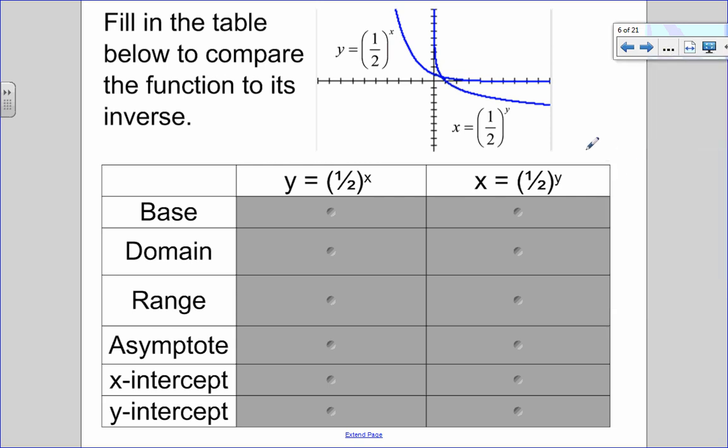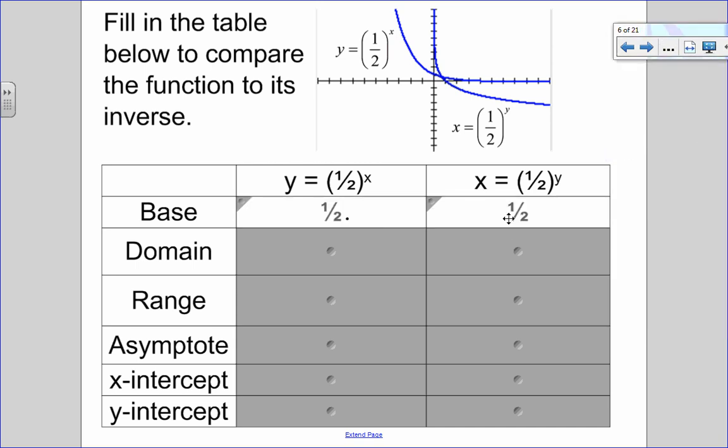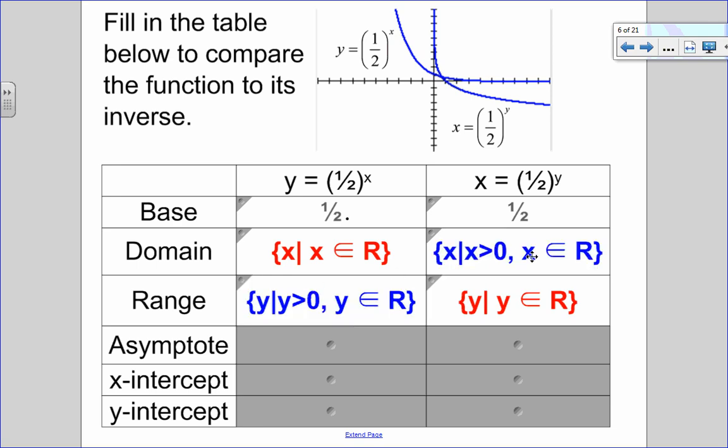So again, we're going to compare these two side by side. In this question, they both have a base of 1/2. It's just the x and y that were changed. The domain of the original, x is an element of the reals, will be the range of the inverse. The range of the original will be the domain of the inverse. So everything is lining up like it did before.